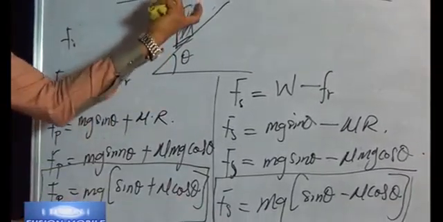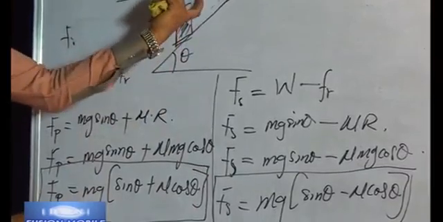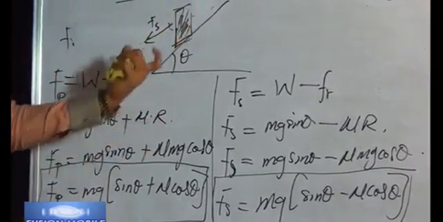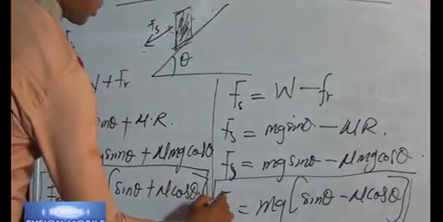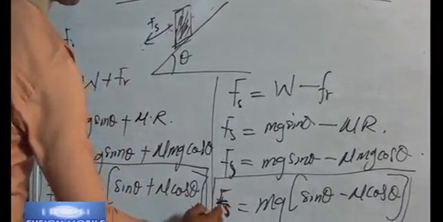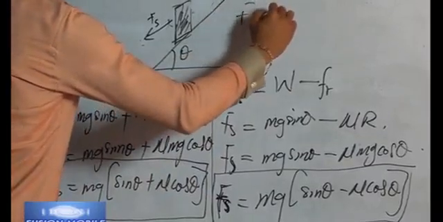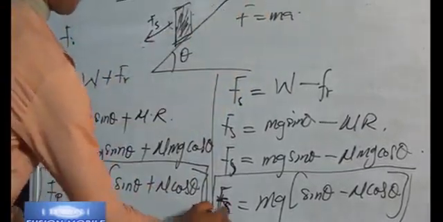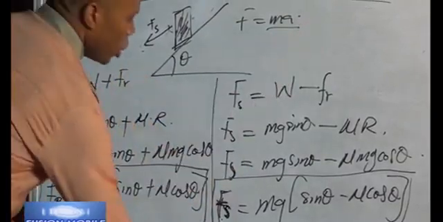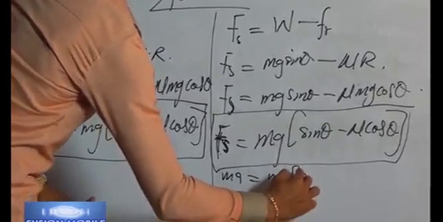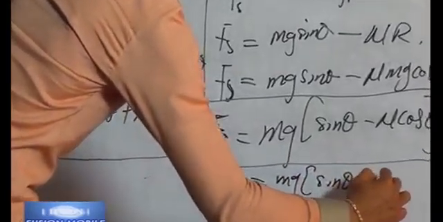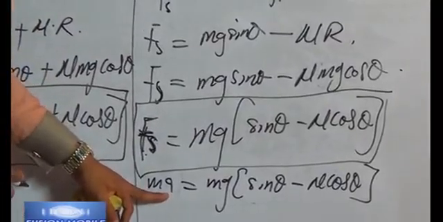They will give you the mass. For example, they may tell you this is 80 kg and they say calculate the acceleration. Don't forget that mass is inculcated here as force, because force is equal to mass times acceleration. All you need to do is to rewrite Fx as m times a, which is mass times acceleration equal to mg bracket sine theta minus mu cos theta, so that you can make a the subject of the formula.